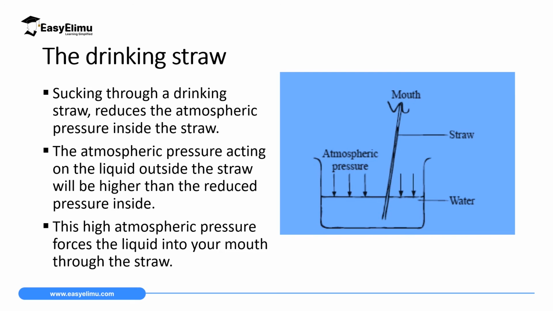Now, one of the applications of atmospheric pressure is a drinking straw. A drinking straw, we use it almost in our everyday life in drinking juice and soda and even milk. Now, when you put a drinking straw inside that liquid, the level of liquid outside and inside the straw is almost the same, except for some adhesive force which makes it rise slightly inside the straw.